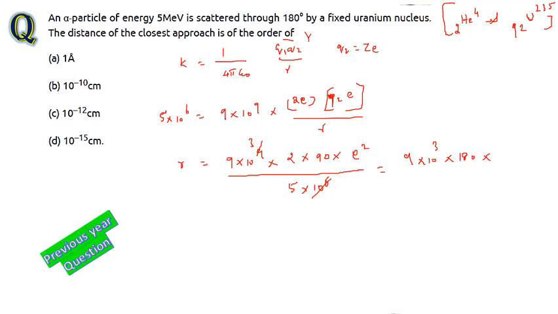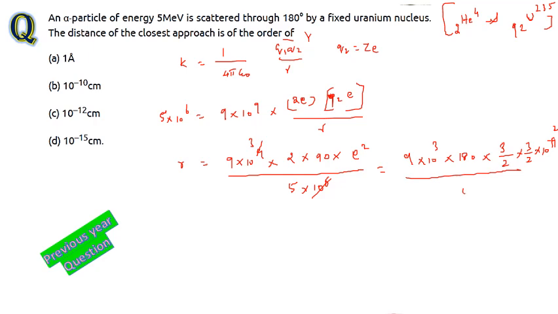I mentioned here 1.6 here is 1.5. 1.5 I mentioned as 3 by 2 into 3 by 2 into 10 to the power minus 19, minus 19 square will be there, and whole divided by 5.